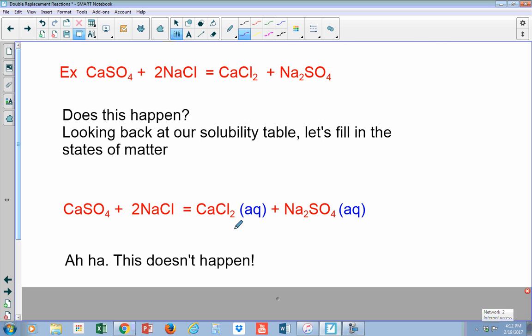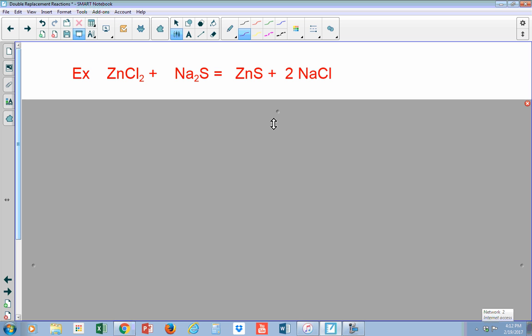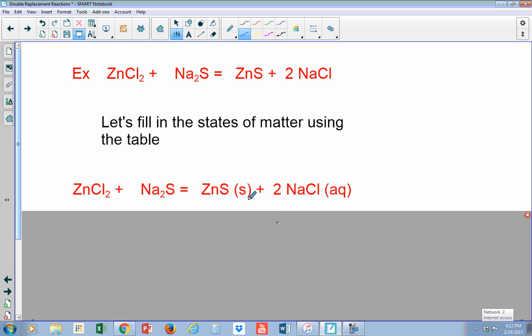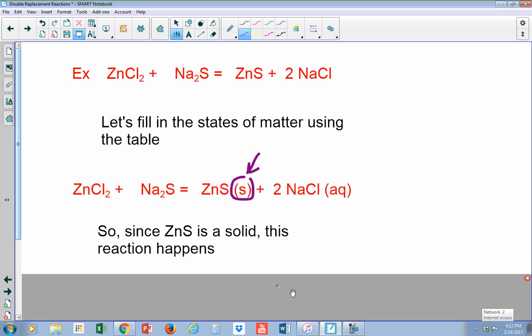So let's put that in there. One of them actually is a solid, right? That's really important. Because this is aqueous, and this is aqueous, but this guy popped up as a precipitate, as a solid, that means that the reaction probably did take place.